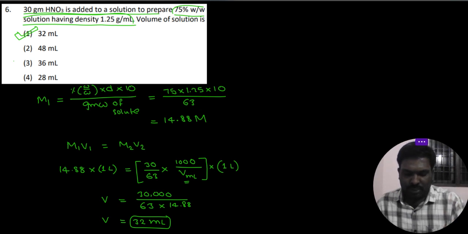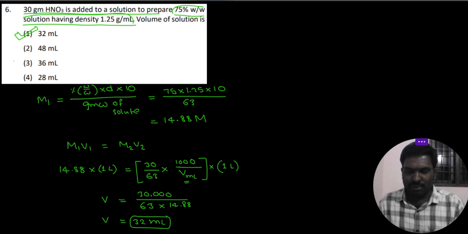M1, so 14.88 molar we can use. Volume, so 1 liter we can take. We don't know it now, so total volume we can assume 1 liter. V2 also we can assume 1 liter. For M2 formula, molarity is weight by gram molecular weight, 30 grams, gram molecular weight 63, into 1000 by volume of solution in ml. So the volume of solution in ml we will get is 32 ml.